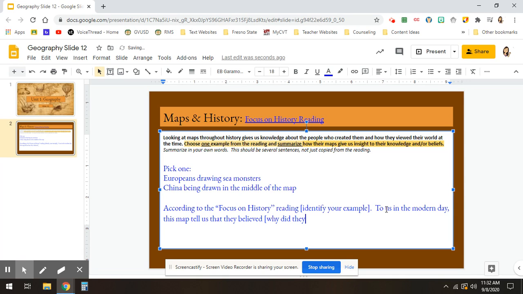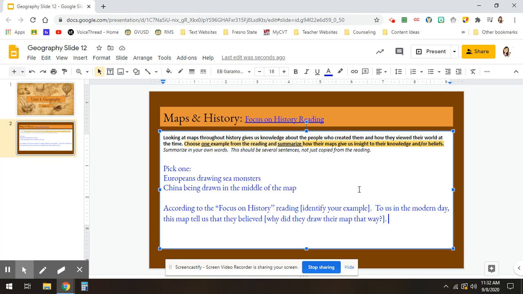Why did they draw their map that way? What does it tell us about them? What insight can we gain? So your second sentence could sound something like this. To us in the modern day, this map tells us that they, the Chinese map makers, believed that China was the most important culture out there, and that's why they put themselves in the middle of the map.